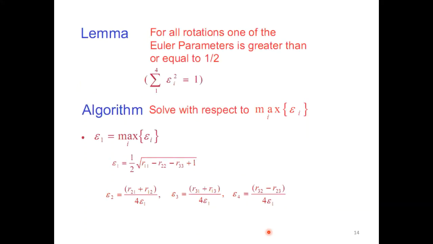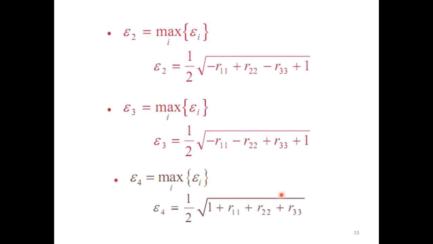So you solve for epsilon 1, like this equation. This is different from the first one. And if it is non-zero, you calculate the other 3 parameters using these equations. If that is 0, you calculate epsilon 2. And if it is non-zero, calculate the other parameters using this one.